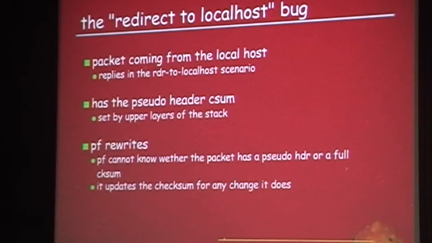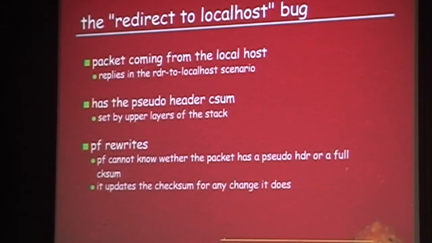You redirect to localhost into relayd, which does something and replies. This packet coming from the localhost has the pseudo-header checksum from the template TCP, from the upper layers of the stack. The template TCP isn't that, right?